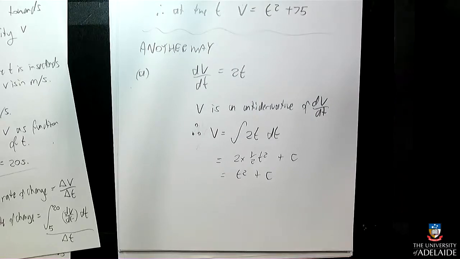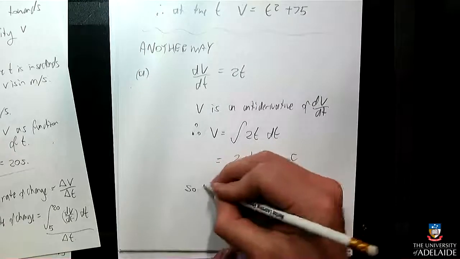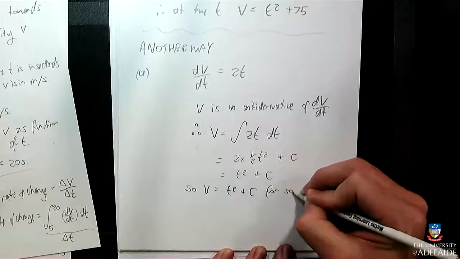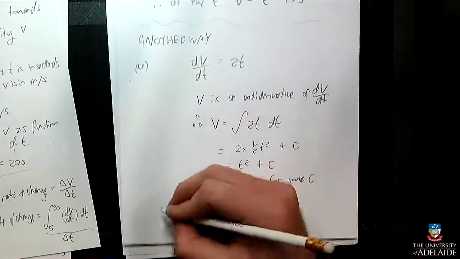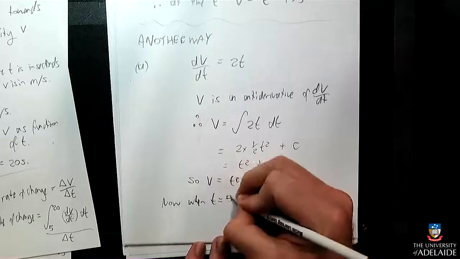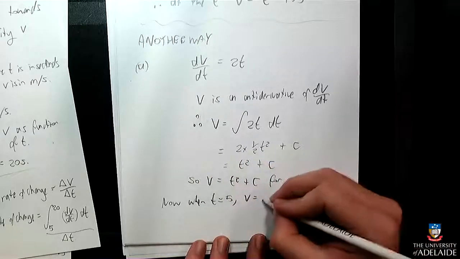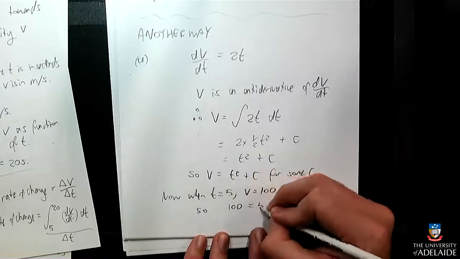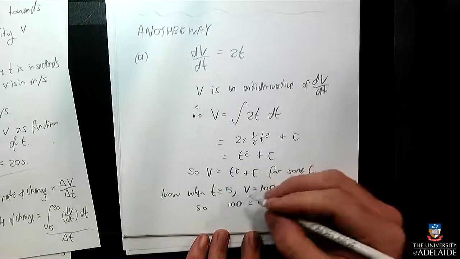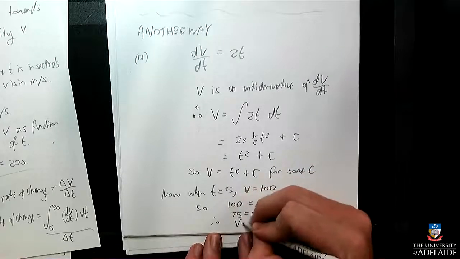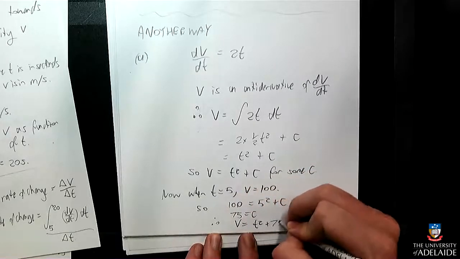And I can sub in a value of t and a value of v to figure it out. So v equals t squared plus c for some c. Now, when t equals 5, v equals 100. So we have 100 equals 5 squared plus c. And so 75 must be c, and so therefore v must be t squared plus 75.